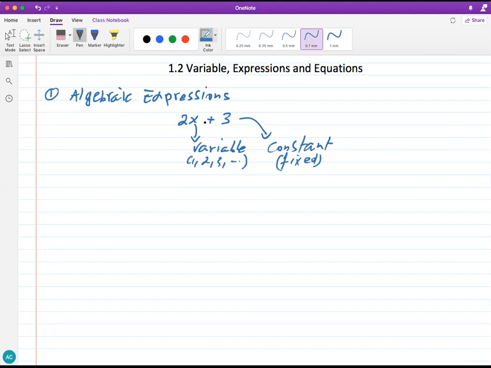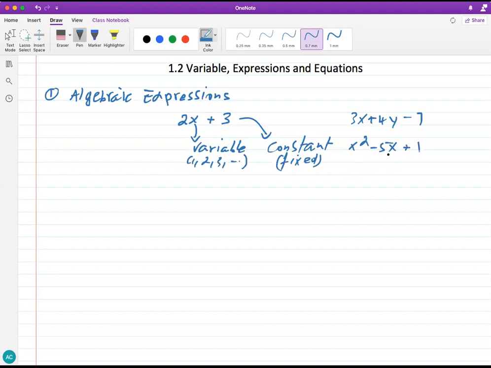You might have one letter, or may have more than one letter, let's say 3x plus 4y minus 7, that's also an expression. Could have different powers, let's say x to the second minus 5x plus 1.